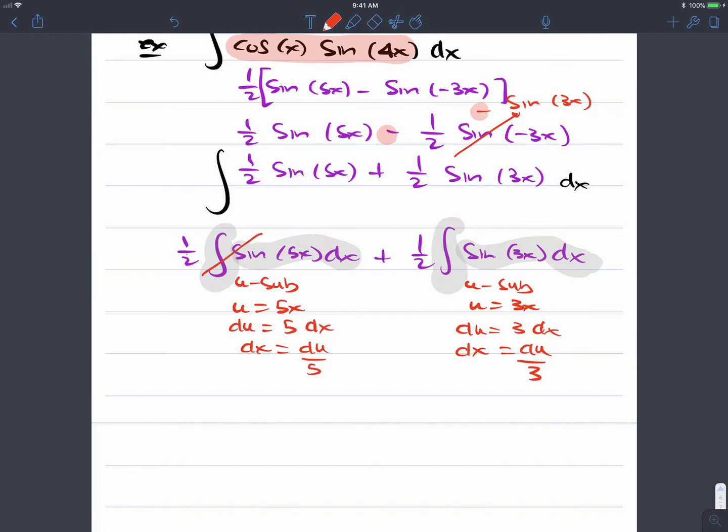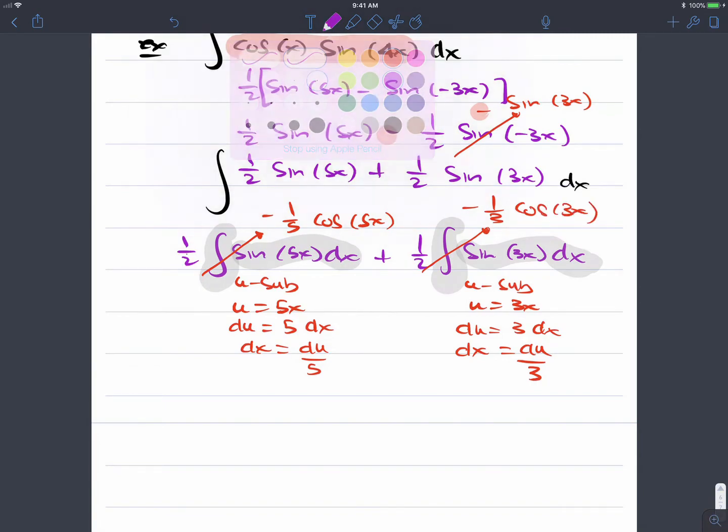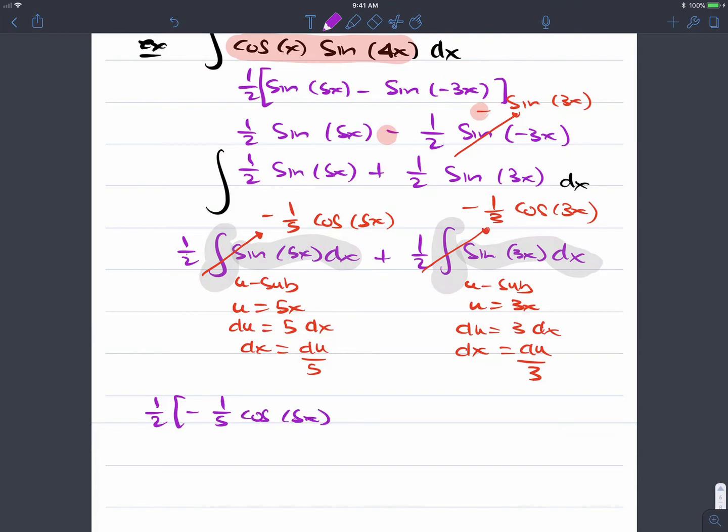Here's what you get. Minus 1/5 cosine 5x minus 1/3 cosine 3x. So 1/2 multiplied to negative 1/5 cosine 5x plus 1/2 times negative 1/3 cosine 3x plus your c.